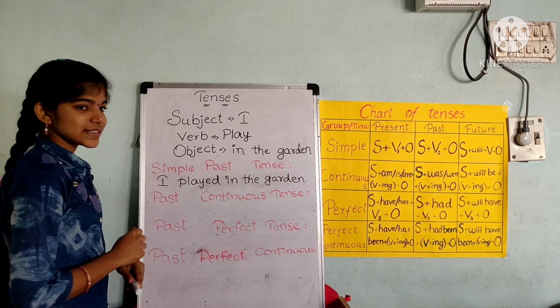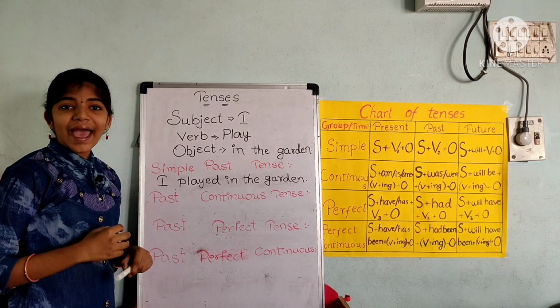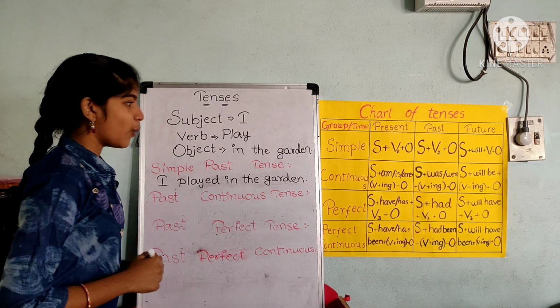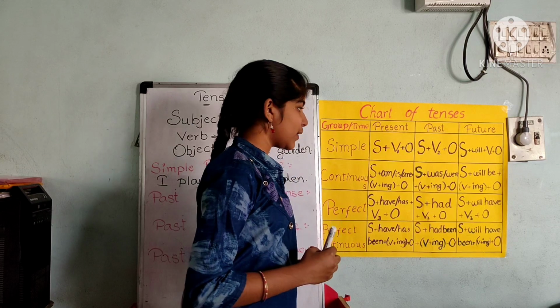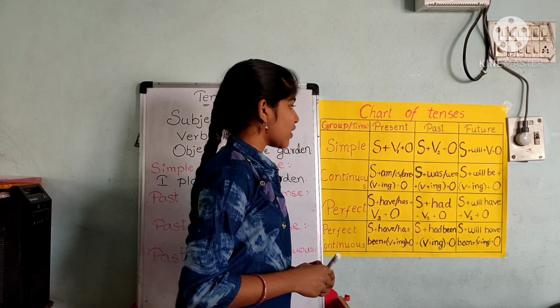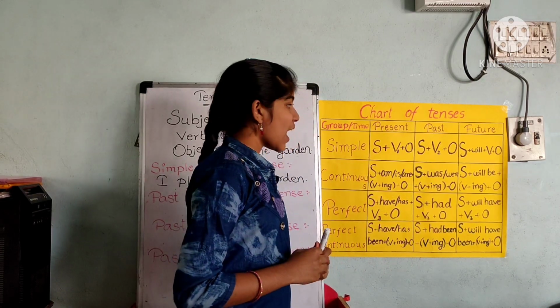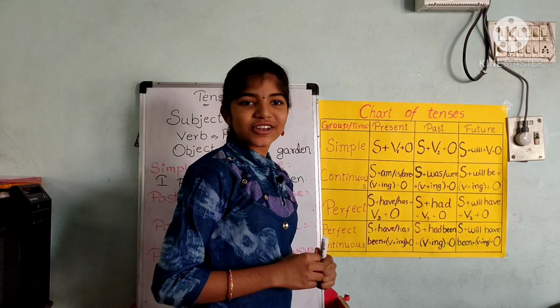And the second one, past continuous tense, which means an action that was happening when another action happened. Formula for this is subject plus was or were plus verb plus ing form plus object. We will use was when the subject is I or singular, and we should use were when the subject is in plural.